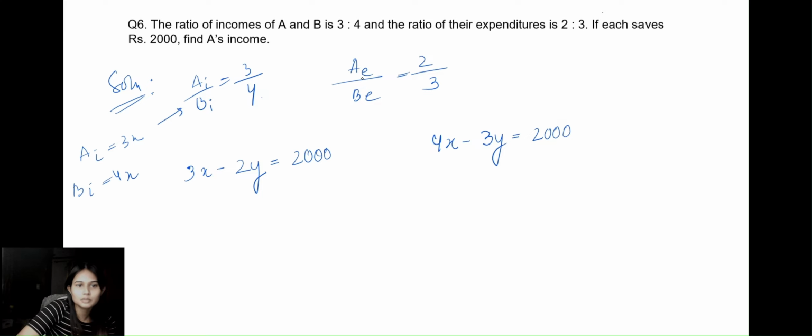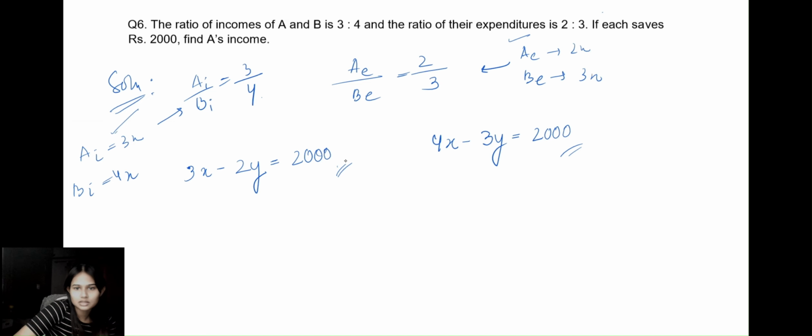That's why we get this proportion. And A's expense is 2y and B's expense is 3y. That's why we get this proportion. So what we do is we subtract the expenditure from income and then we get the savings for both.